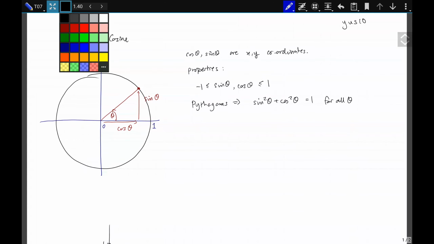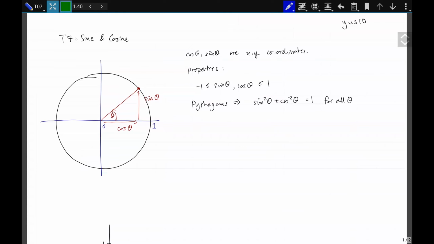If you consider the reflection, this gives you minus theta, but note that the base is the same, but the height becomes negative.